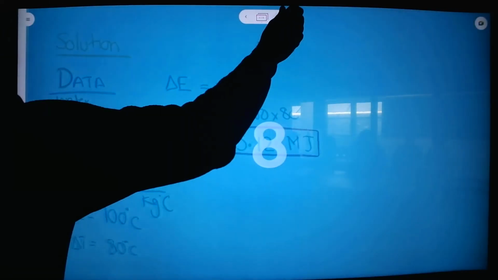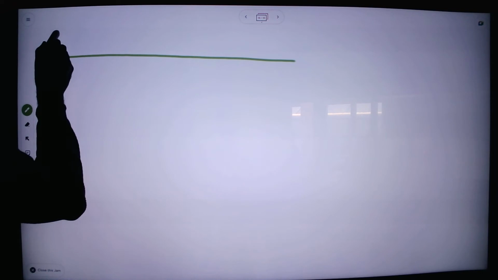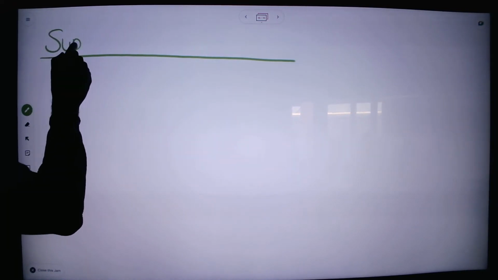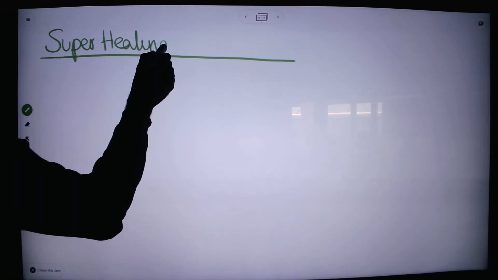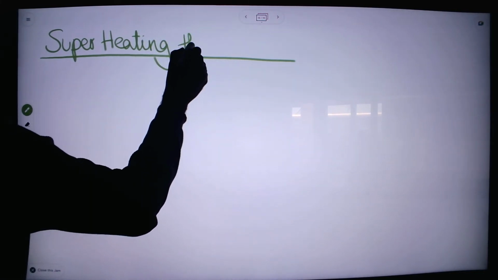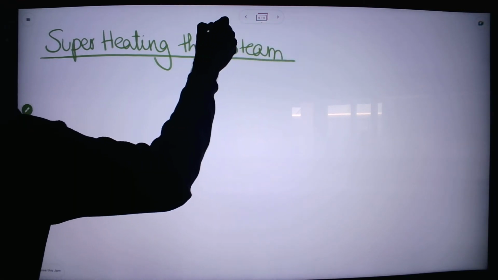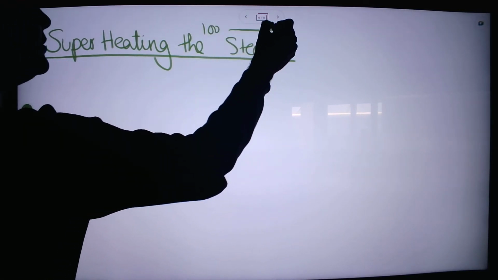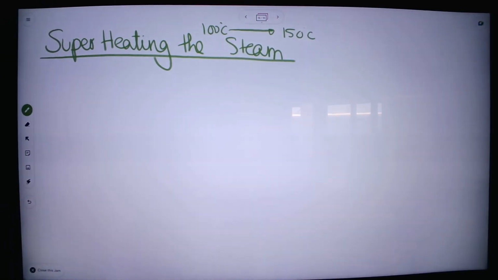So that's the third stage, superheating the steam from 100 degrees to 150 degrees.